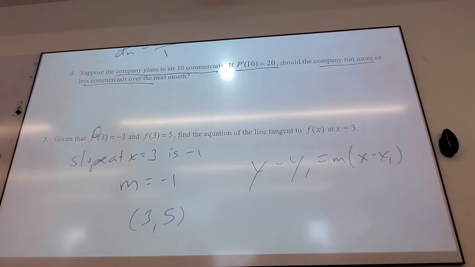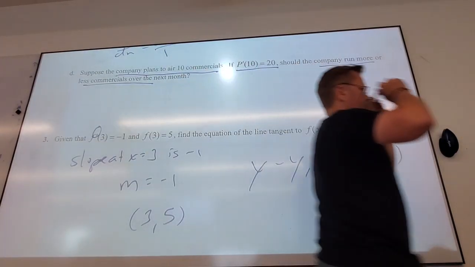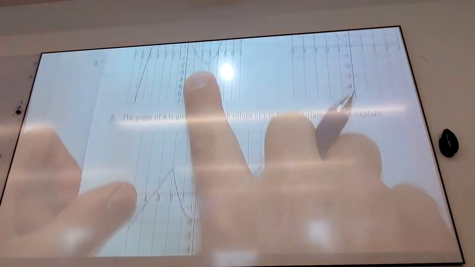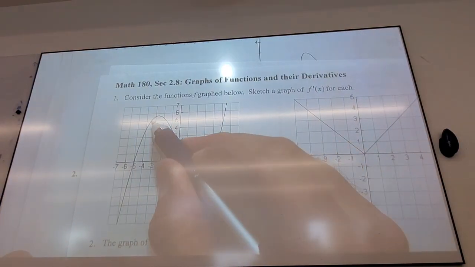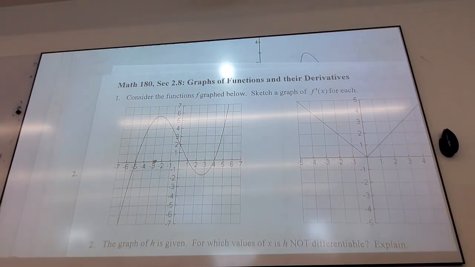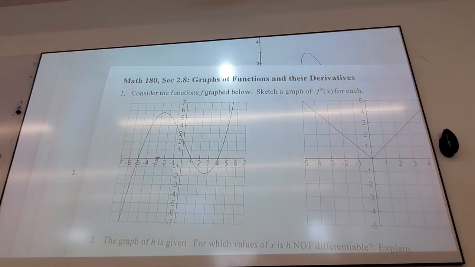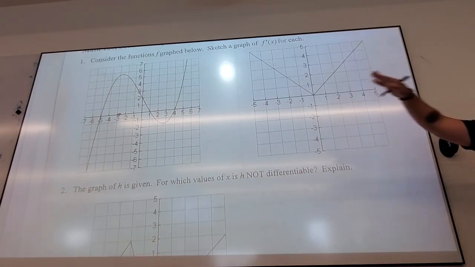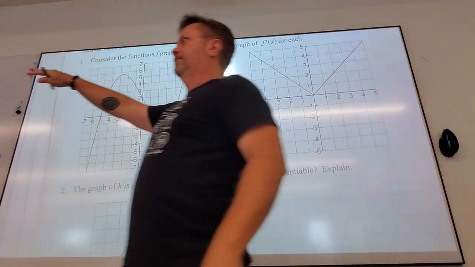It's also where you graph the slope. What's the slope here? 0. So I would put a 0 right there. That would be a good first step, is to find your 0. So we'll do this first thing next time, and then the rest of class will be review.